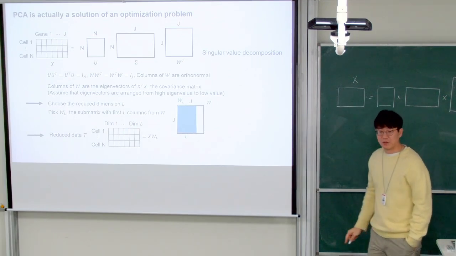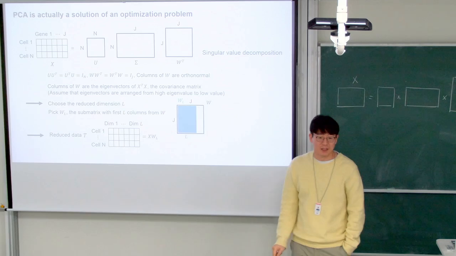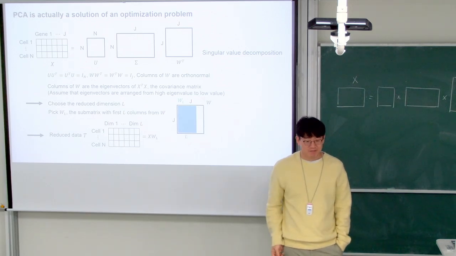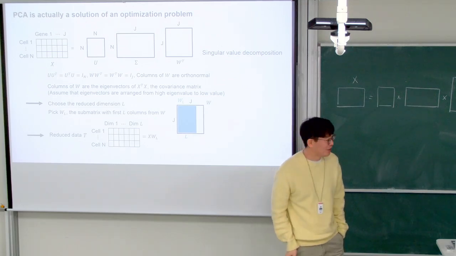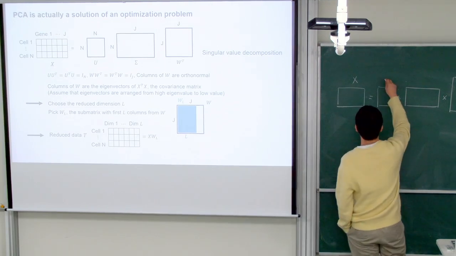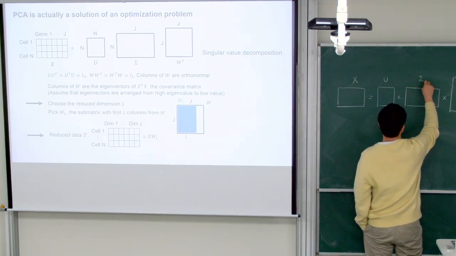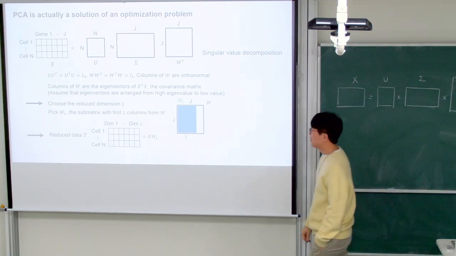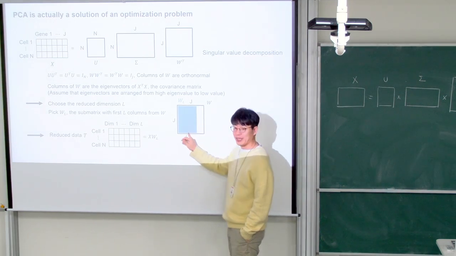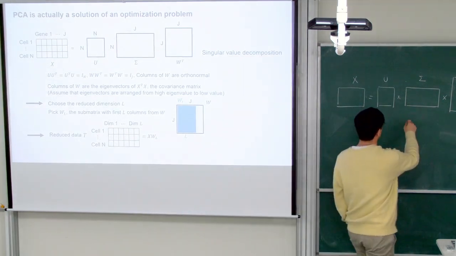Everyone knows what singular value decomposition is, right? You learned it two months ago, right? So singular value decomposition gives U, sigma, V transpose. What is the meaning of the selected dimension here? Sigma is the diagonal component.